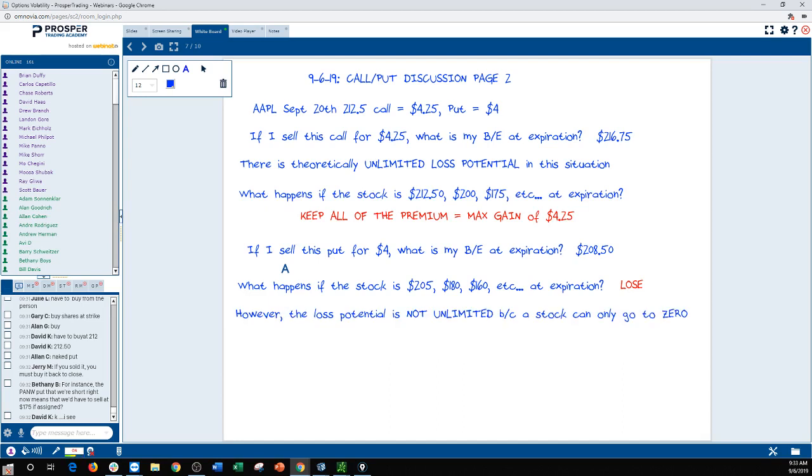Even if the stock went to zero here, that is my max loss. My max loss could be 208.50, right? Because my break even is 208.50. If it goes to zero, I've lost it all. Okay, everybody with me?